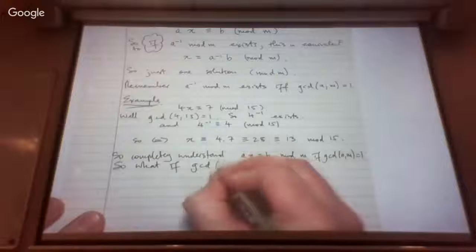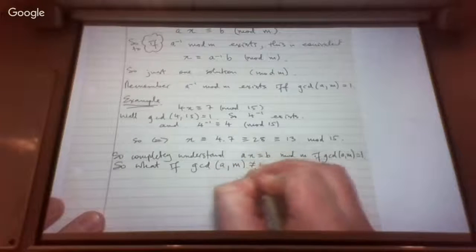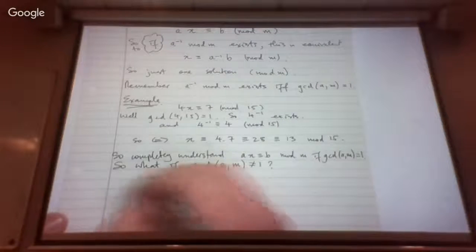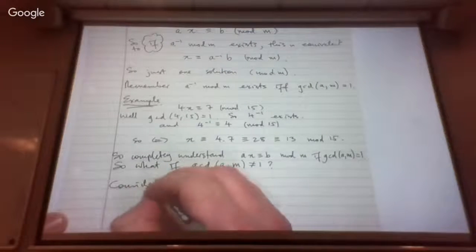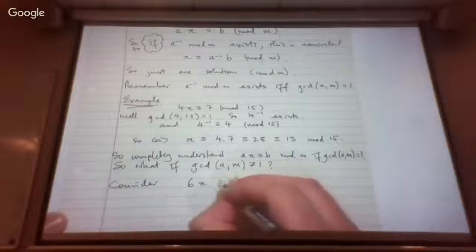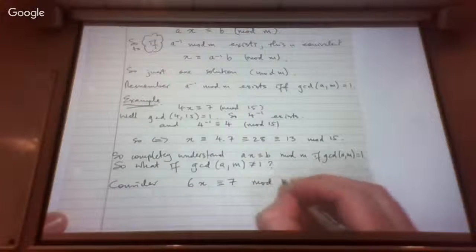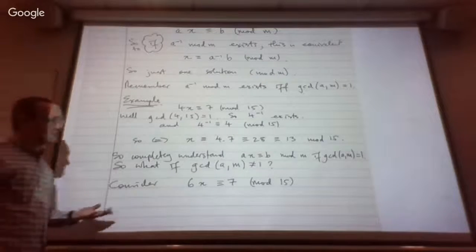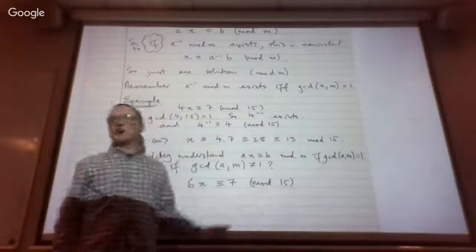So what if the GCD of a and m is not equal to 1? Let's have a look at some examples like this. Let's try 6x congruent to 7 mod 15. We want to avoid brute force checking all the possibilities because there are 15 different congruence classes to check.